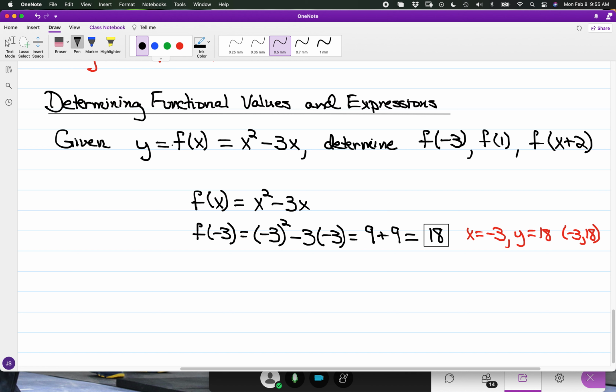And for what we have with the input at 1, you have x squared, so this will become 1 squared. Negative 3x becomes negative 3 times 1. So you have 1 squared is 1, and you have minus 3. And 1 minus 3 is negative 2.